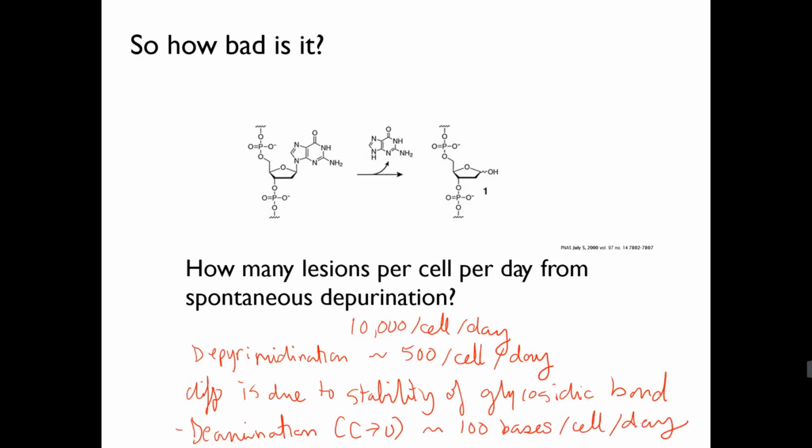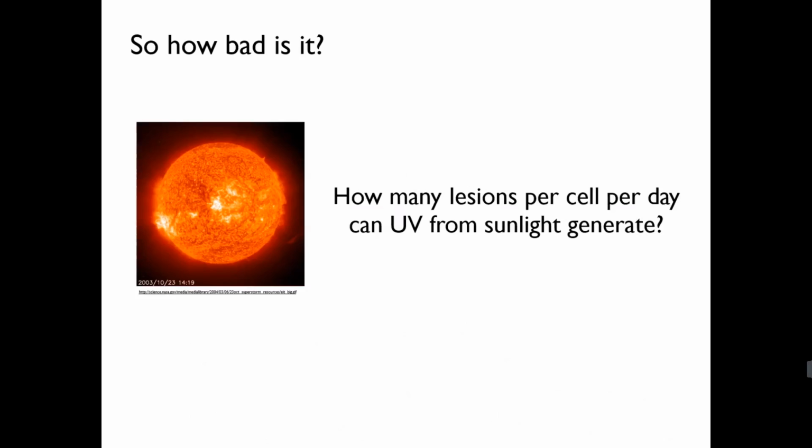So all of these damages occur even in the absence of an external perturbation at a very high frequency during the average day of an average cell. And so certainly if you're having this kind of damage occurring at such a high frequency, you have to have some means to address this type of damage.